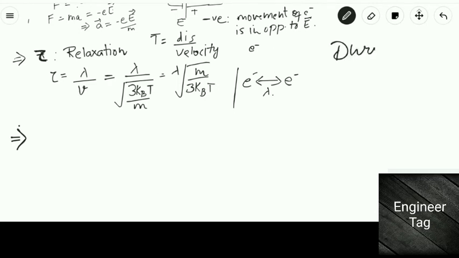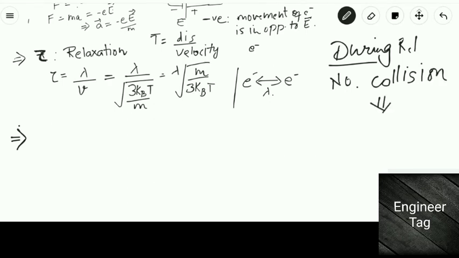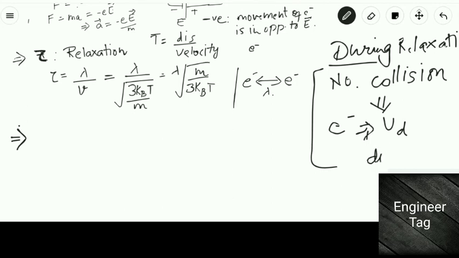During the relaxation time, there is no collision. So due to application of electric field, electron will experience a drift velocity. During relaxation time there is no collision occurring, so electron will experience a drift velocity due to applied electric field.